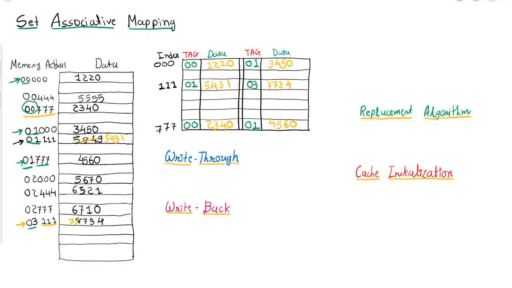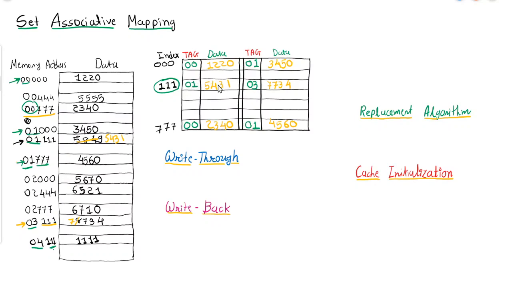Let's say the CPU is trying to execute one instruction, 04111, and the value is all 1. In that case, this will be divided into two parts, index and tag. It will go to index 111 and find whether this tag 04 exists or not.